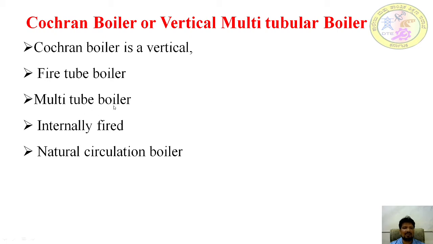The number of tubes is large, around 165 tubes, and it is internally fired. The furnace is located internally, and the boiler has natural circulation, transferring the heat by means of convection.